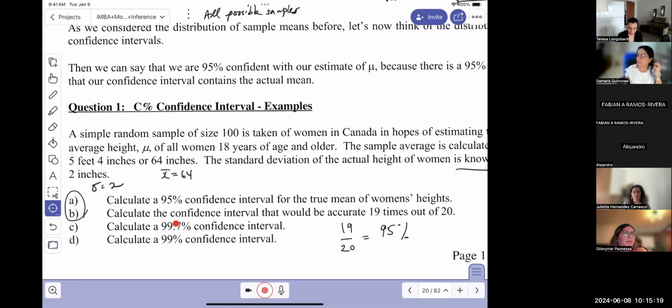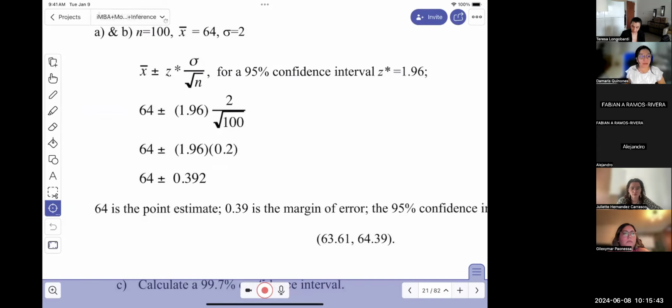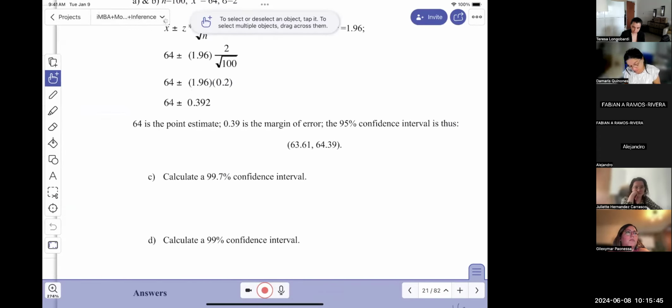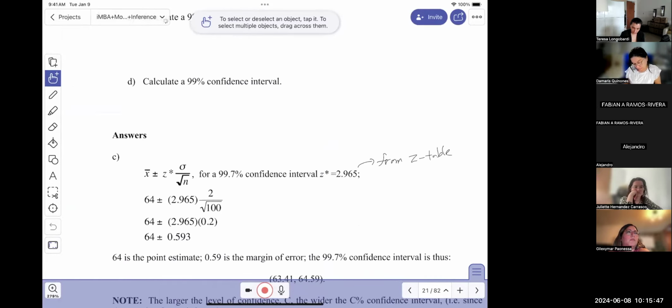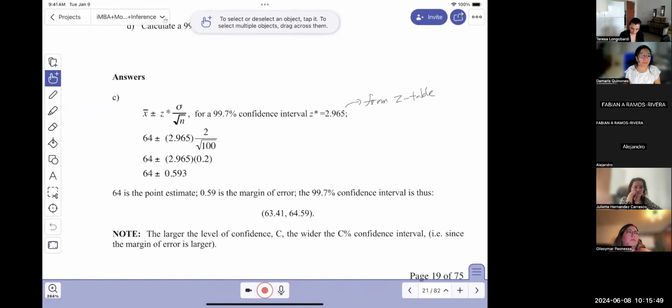And then 99.7% and 99%, these are different. This one will be a little bit bigger. You'll see that the Z star is a little bit bigger. And the 99% will be somewhere in between those two. So these values you get off your T table at the very bottom. I don't want to calculate those because that's for you to practice if you haven't already.